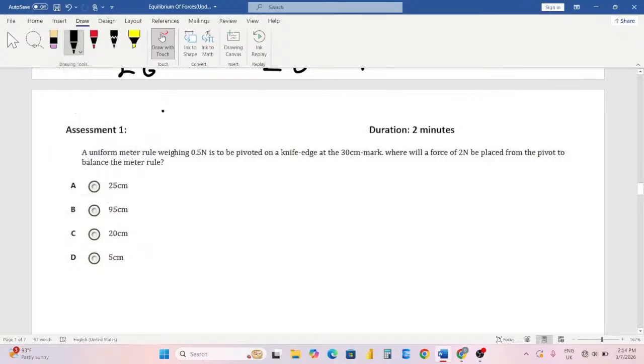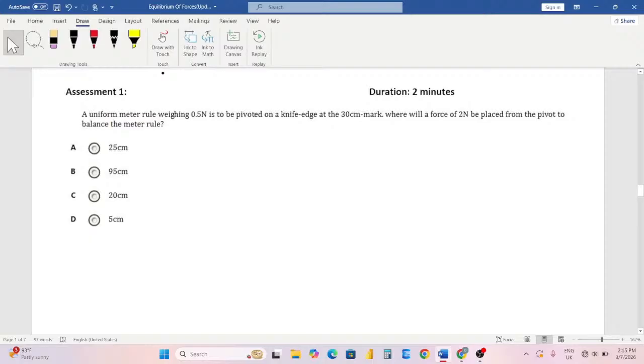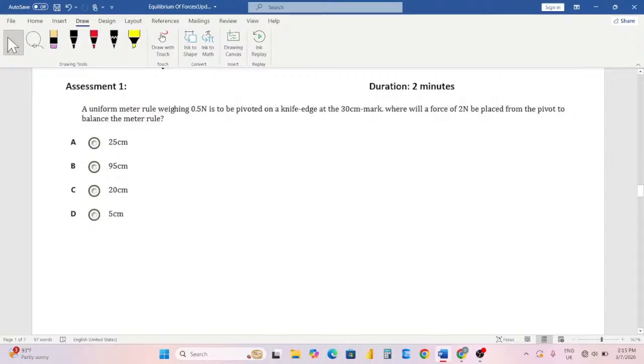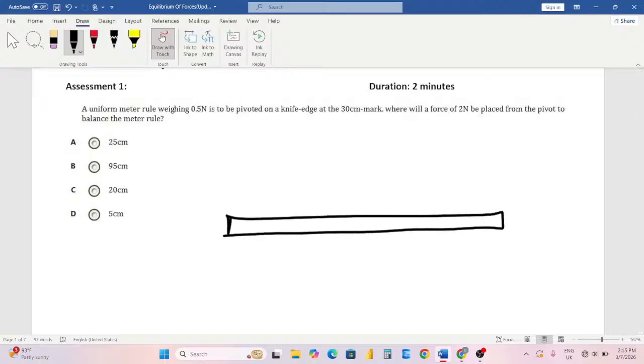Yes, of course. So let's interpret it together. A uniform meter rule. Now we know what a uniform meter rule is. A uniform meter rule weighing 0.5 Newton.